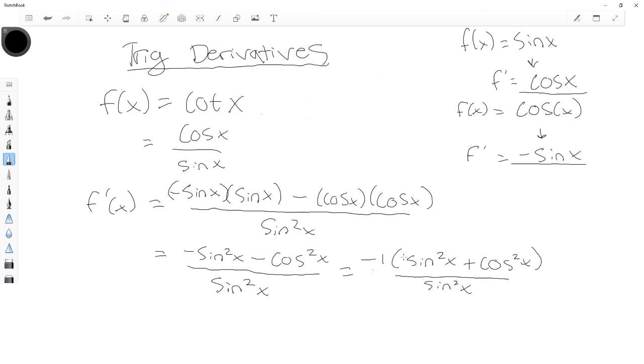And then this just becomes 1. And so this will end up being negative 1 over sine squared x, which is negative cosecant squared x. And that's the derivative for cotangent x.